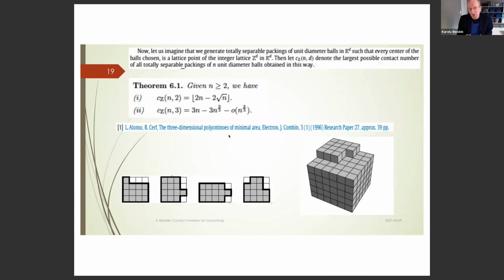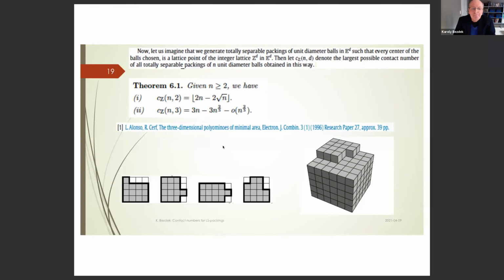We take the integer lattice and generate packings of n unit disks, and then unit balls in 3-space, centered at points of the integer lattice. Then we want to maximize the number of touching pairs.